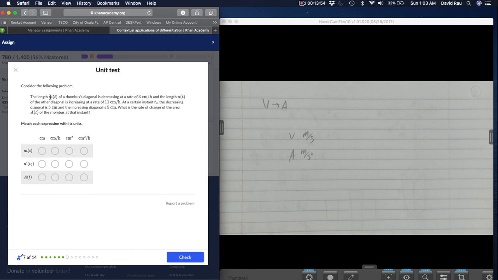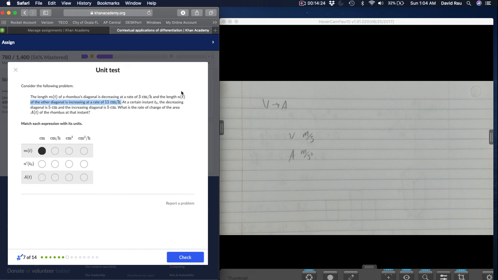Well, they already told me m(t), the length m(t). They told me how m(t) is decreasing, it's 3 centimeters an hour, so the key is, m(t) must just be in centimeters because that's just the length itself. N'(t) at t equals 0 is actually this sentence right here.